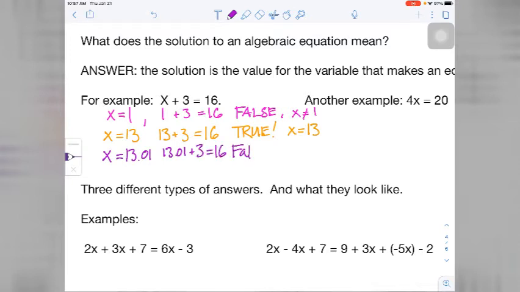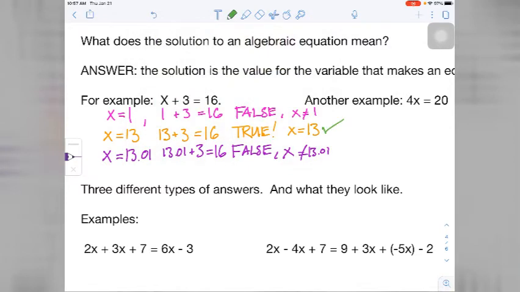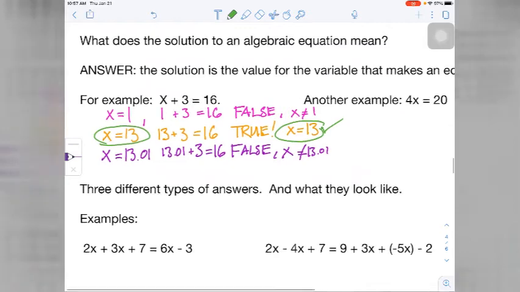It actually equals 16.01, which is not 16. So x cannot equal 13.01. It has to be exactly 13. That's the only thing it could be. It can't be anything else. So this is our solution. So we know, check. We're going to put a check right there. x equals 13. That is the correct answer for this one.